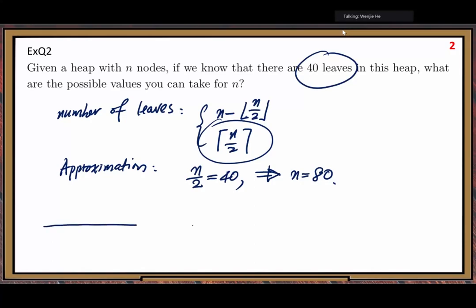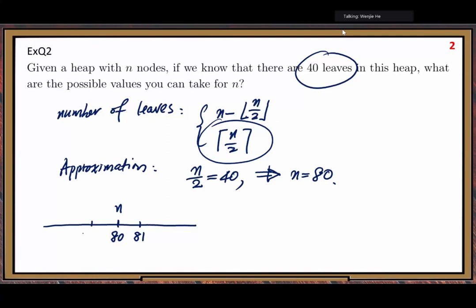Let's draw a line. We need to look at the n values. 80 is one, and the other nearby values, 81 and 79, we also need to look at.